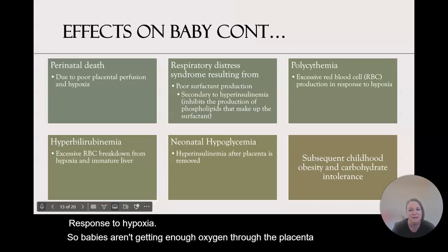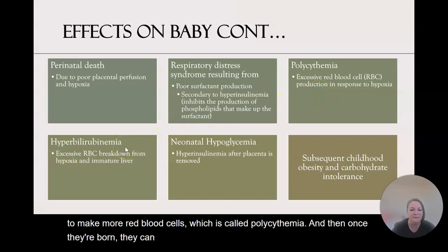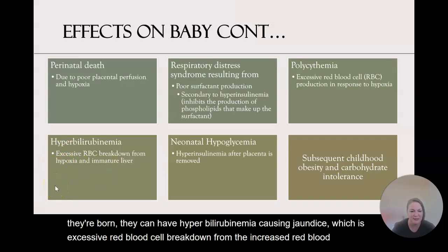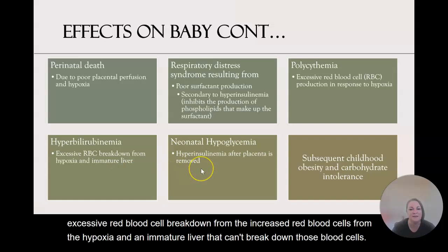They're going to make more red blood cells, which is called polycythemia. And then once they're born, they can have hyperbilirubinemia, causing jaundice, which is excessive red blood cell breakdown from the increased red blood cells from the hypoxia, and an immature liver that can't break down those blood cells.